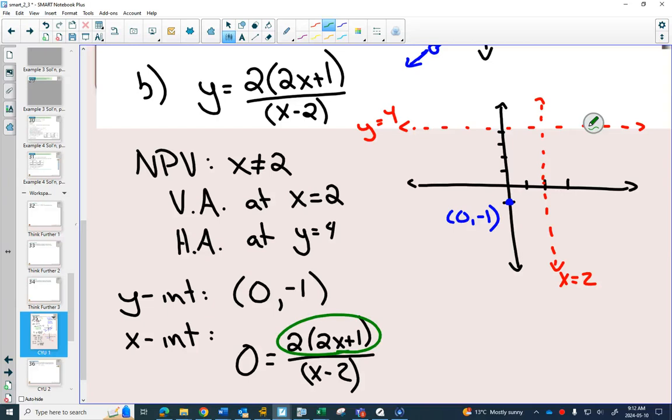Technically, if you wanted to, you could multiply both sides by x minus 2 to get rid of your denominator on the right, but your left side would stay 0. So I don't mind if you just look at what's circled in green and right away say, what would make this 0? Well, I only have the one factor, 2x plus 1. Can you see that if x is negative a half, that would equal 0? Same as you've always factored and solved equations before.